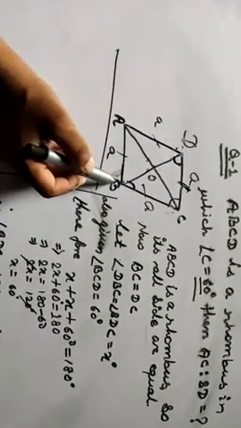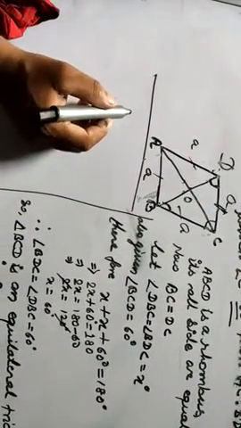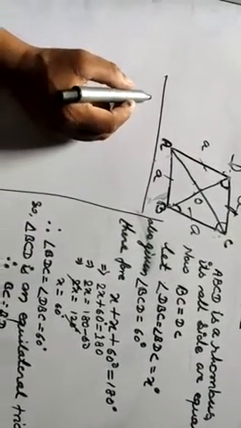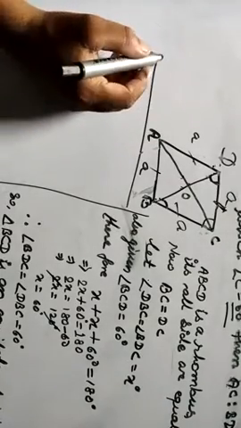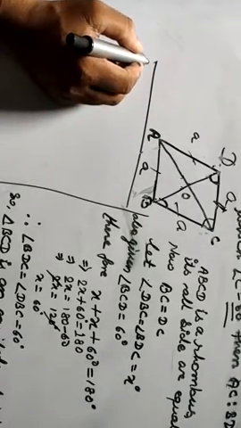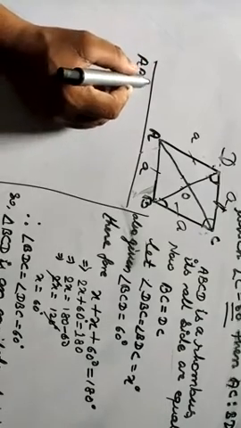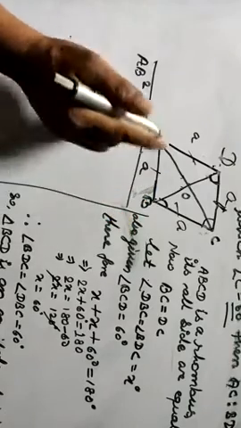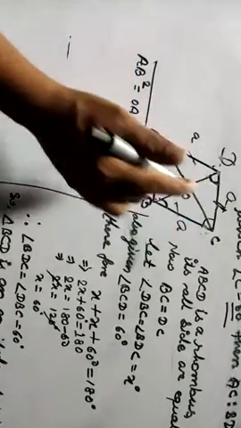If this triangle is a right triangle, therefore we can say that AB square is equal to OA square plus OB square.